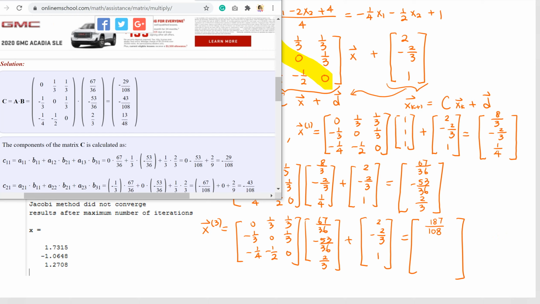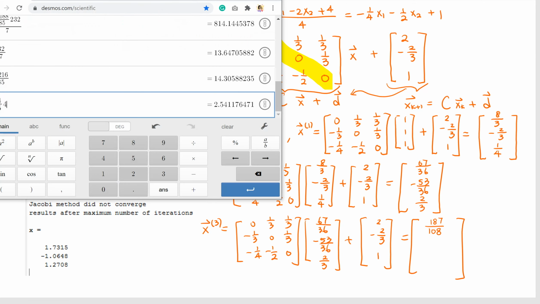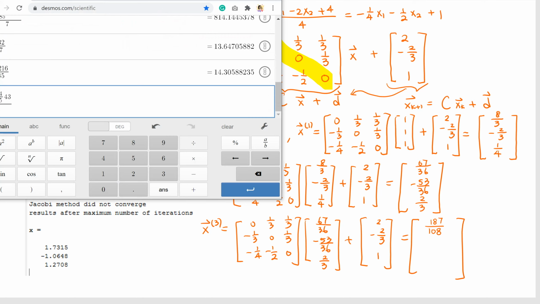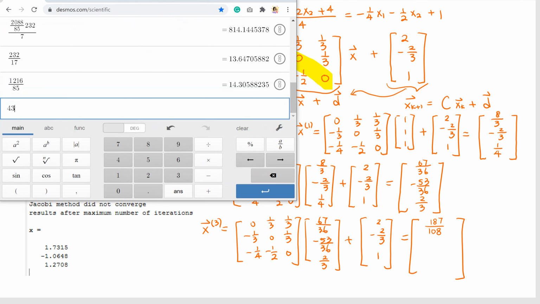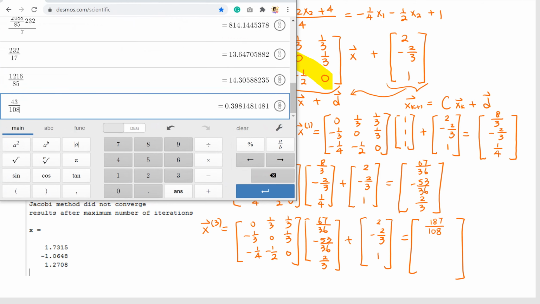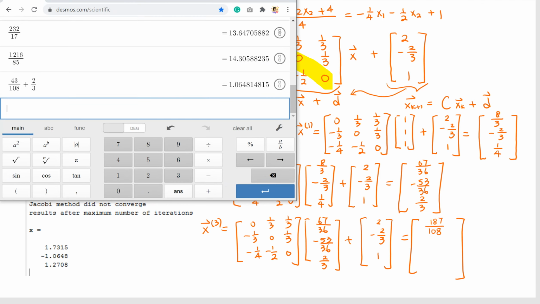Okay, and we need to subtract 2/3. This one, I'm going to use the calculator. We know they're both negative, so we can use 43 over 108, and then add 2/3.